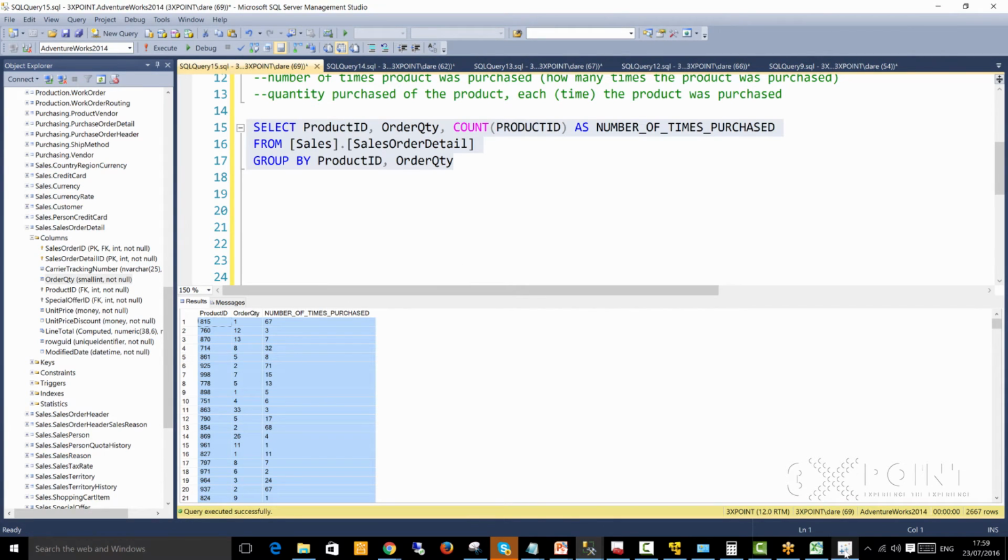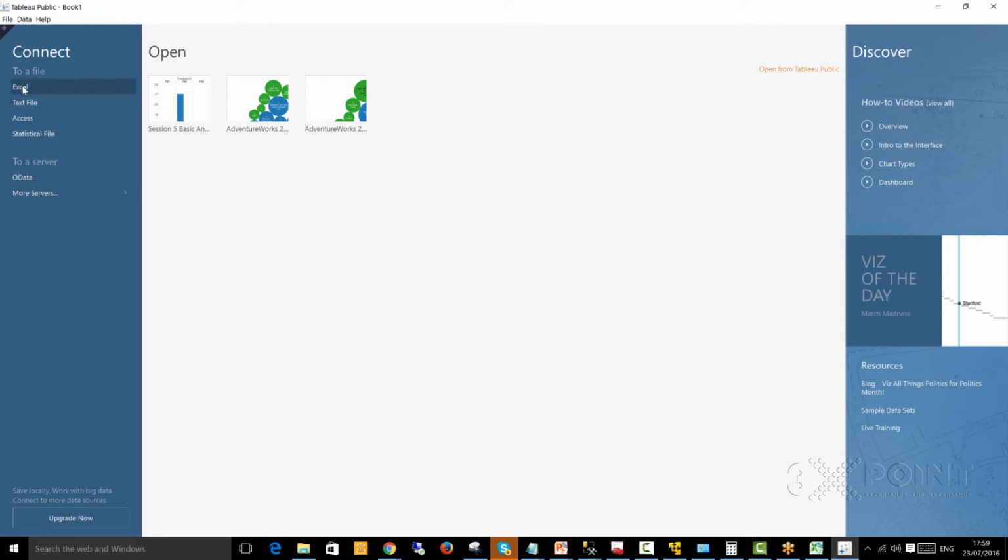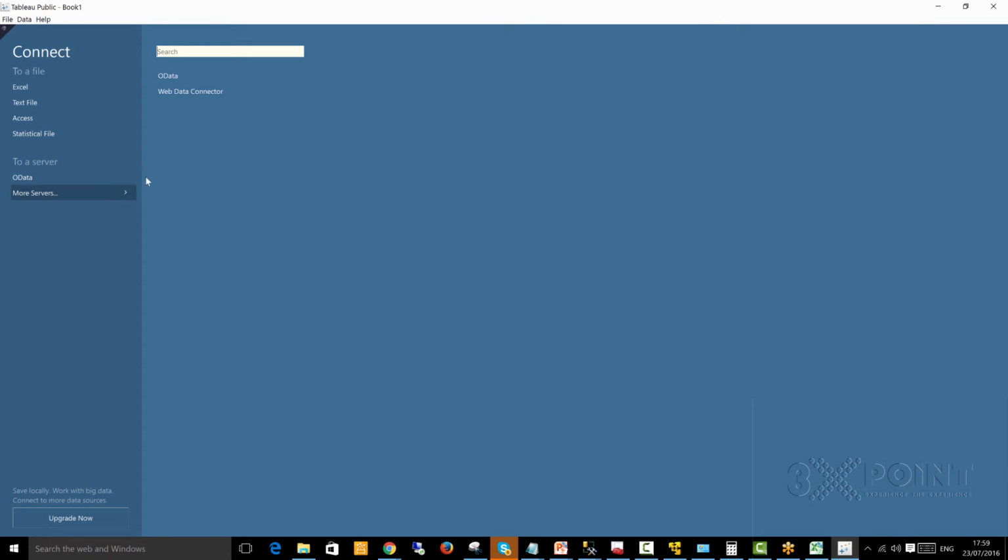And let's bring up our Tableau. So we're going to connect to Excel. As you can see, there are a lot of places we can connect to. I'm using Tableau Public. If I were using Tableau Desktop, I would have the functionality to connect to SQL Server directly, or Oracle, or any RDBMS, SAS. There are several places you can connect to, so you can be getting live data.